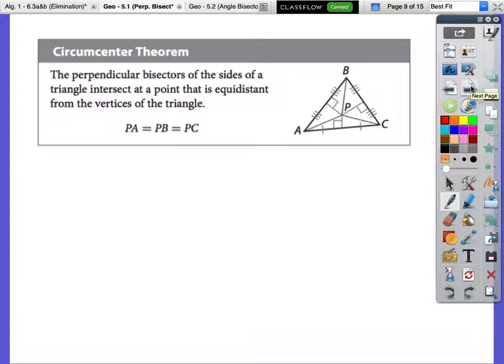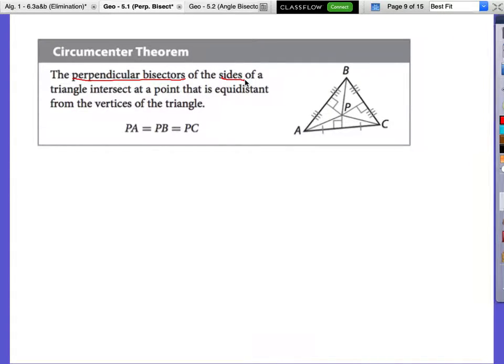So the circumcenter is where the perpendicular bisectors of the sides of the triangle intersect, at a point that is equidistant from the vertices of the triangle. So here, point P is where the 3 perpendicular bisectors of this triangle meet. We can see by the drawing that these are in fact perpendicular bisectors, perpendicular and bisecting these sides.